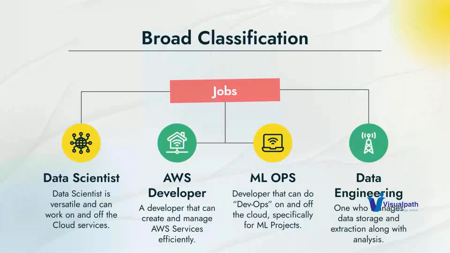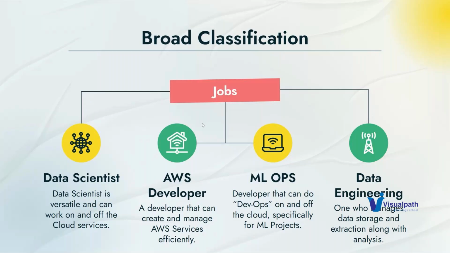Making sure that whatever you have deployed is scalable, making sure that it is secure, and making sure that whatever cost is being generated out of these services is minimized to the maximum possible extent. So this is mostly related to the AWS development side, including DevOps as well.